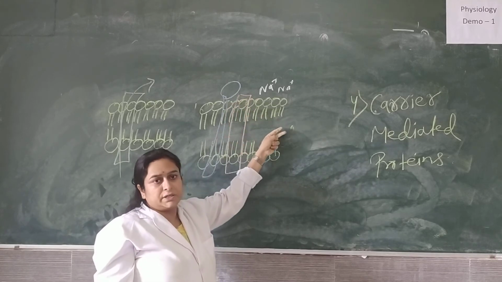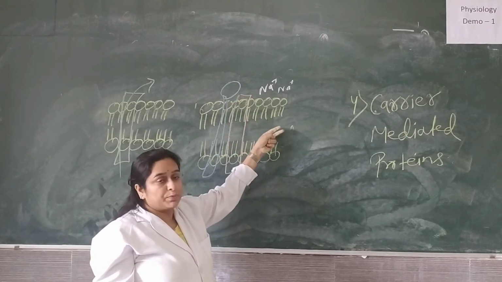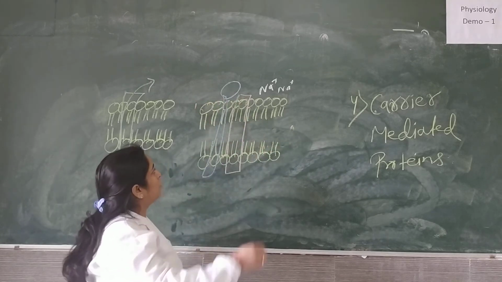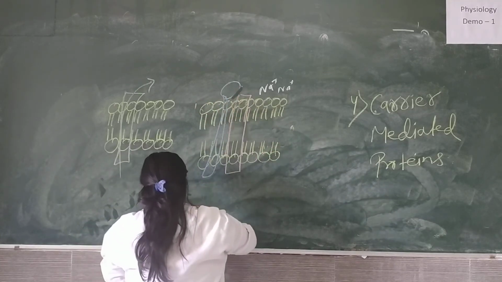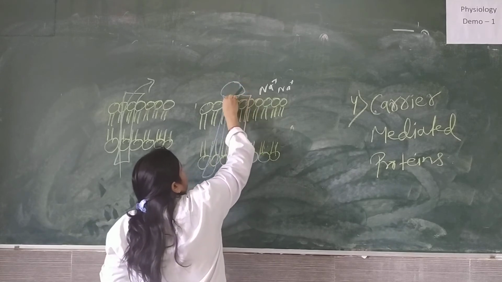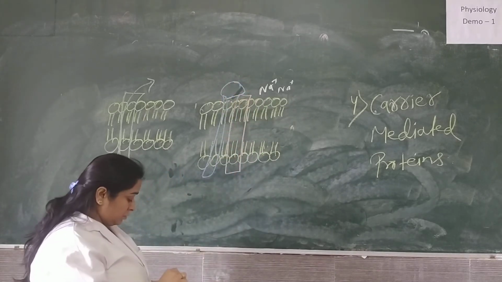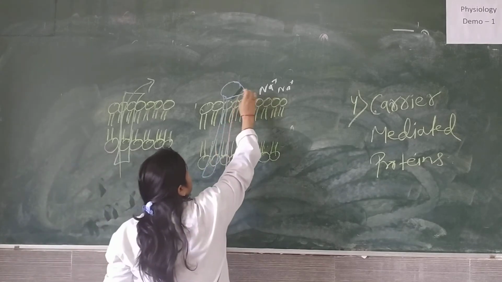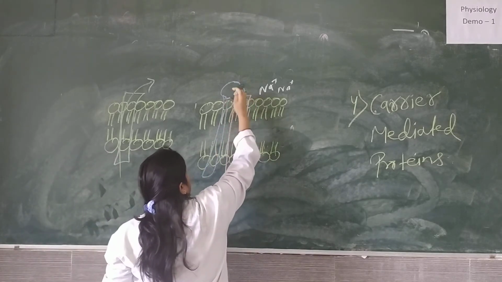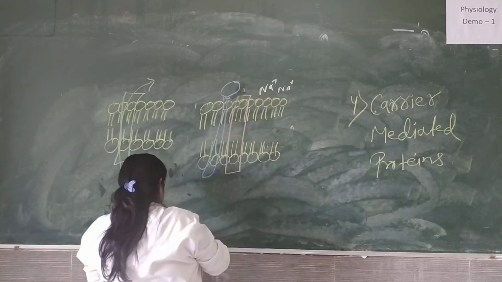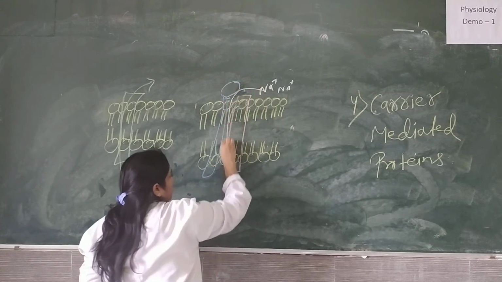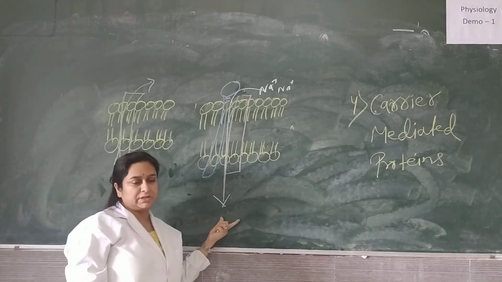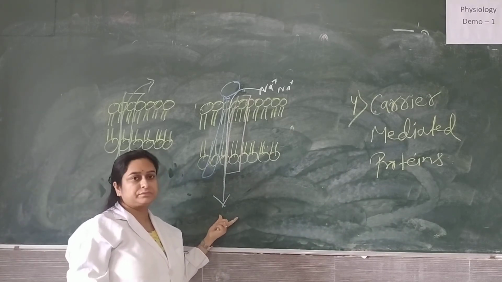When the stimulus reaches the threshold potential, the sodium channels will open, and the sodium ions will start moving inside the cell for proper functioning of the cell.